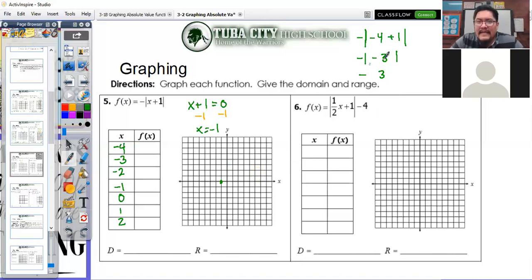So if I evaluate this negative, now that the absolute value turns it positive, that negative is still there. So this is like negative times 3, which is going to give me -3. It's going to turn it negative. So it's kind of like a washing machine, right? Let's say you're washing clothes and you want to put them onto a clothesline.